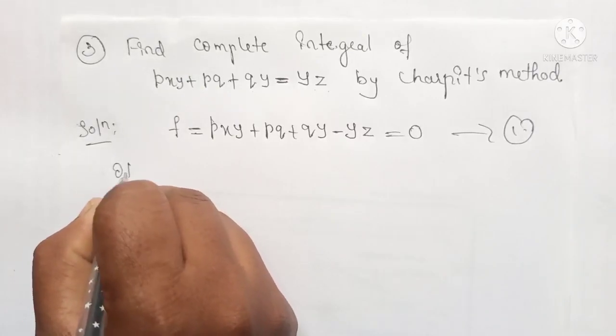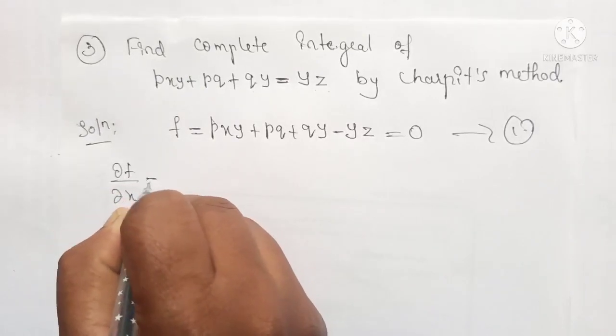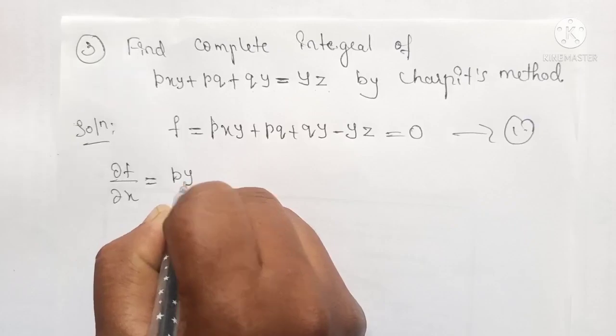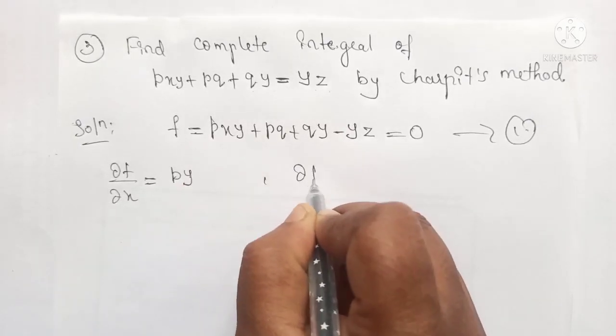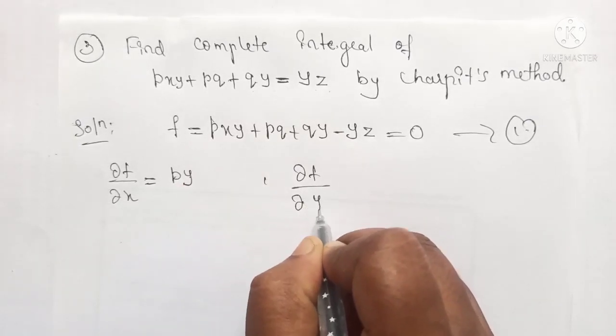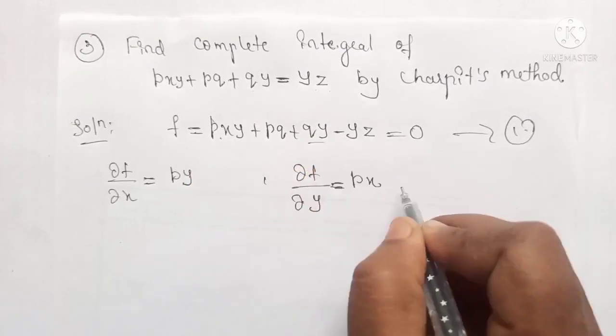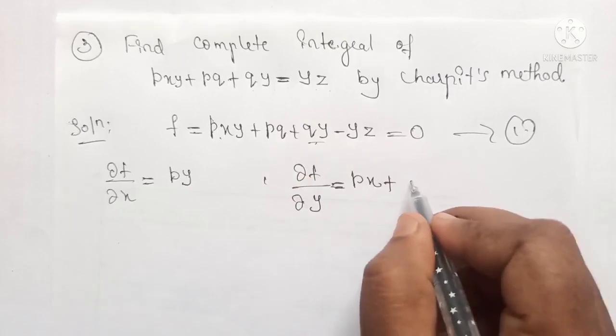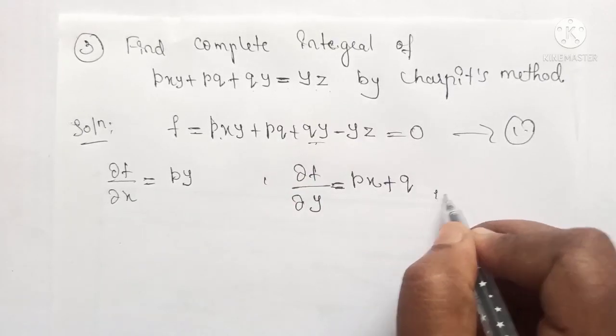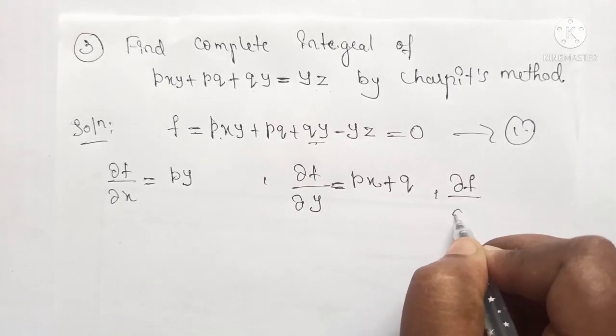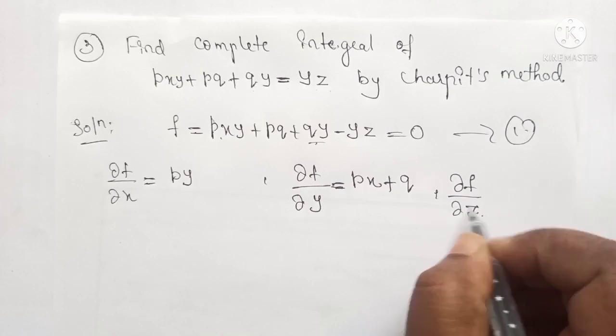Now differentiating partially with respect to x, we get py, and differentiating partially with respect to y, we get px, plus here also we have one term of y, so it is q, and ∂f/∂z.